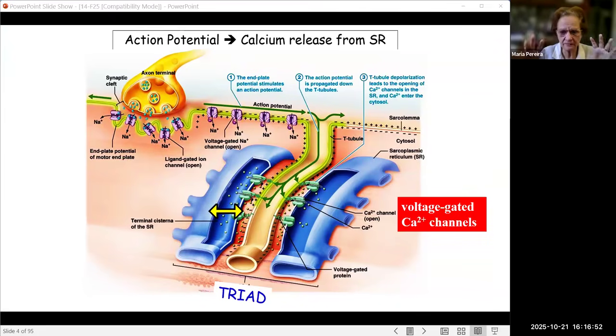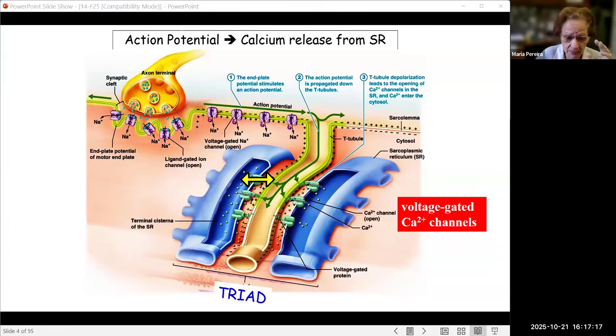So you see here the events. You have ligand-gated ion channels that allow sodium to go in. Then the current is transmitted to the rest of the sarcolemma, where you have voltage-gated sodium channels that open. And this action potential, this electrical current, travels down the sarcolemma of the T-tubule.